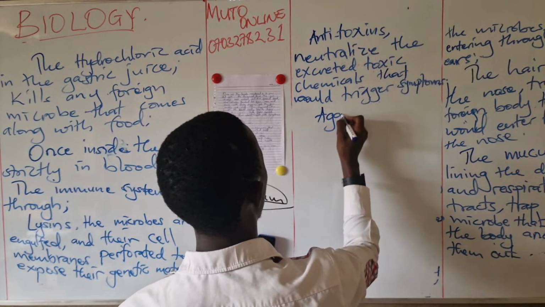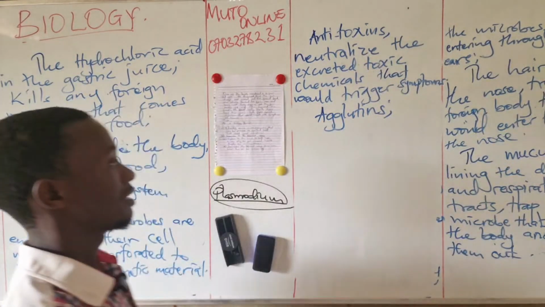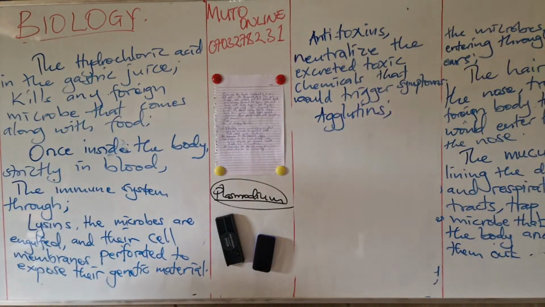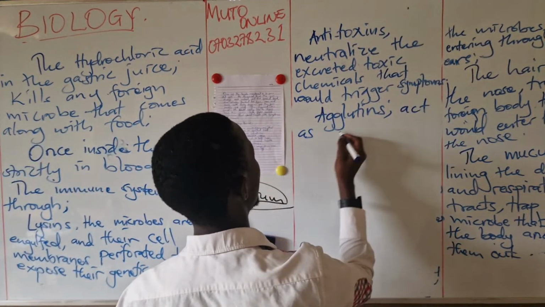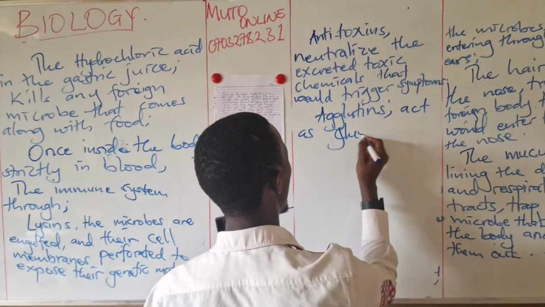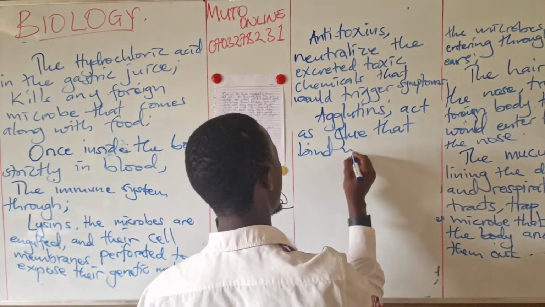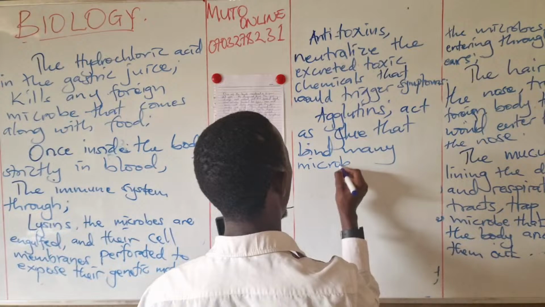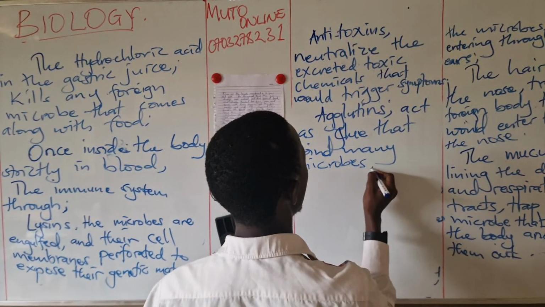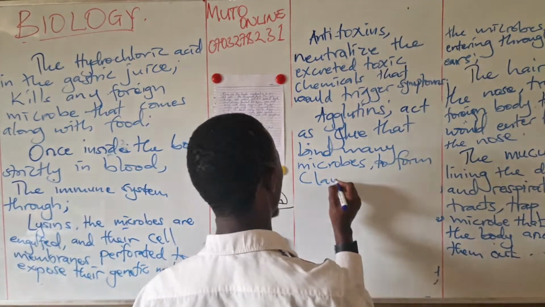The agglutinins act as glue that binds many microorganisms to form clumps.